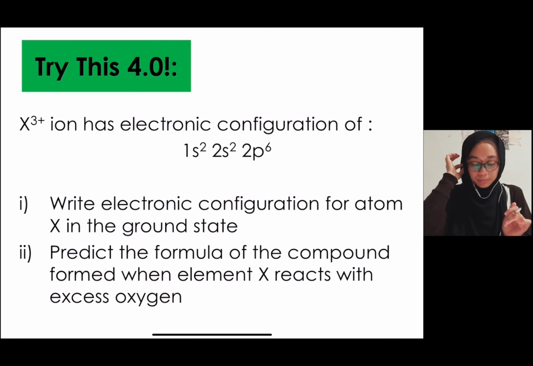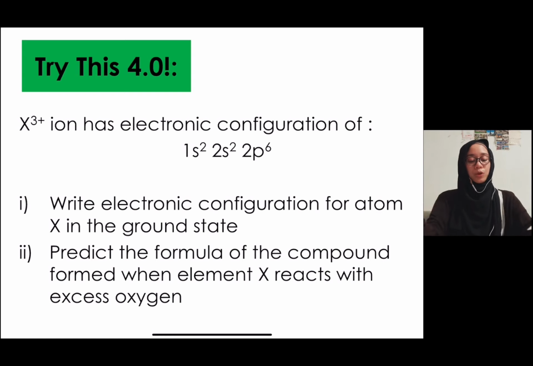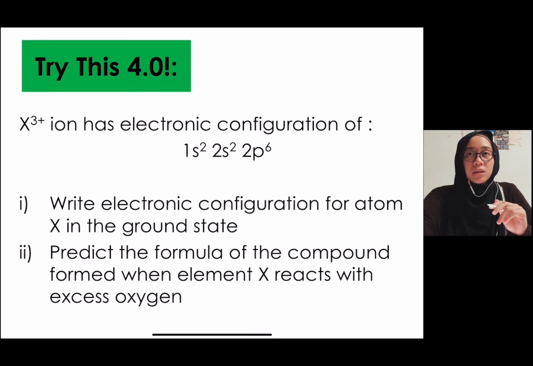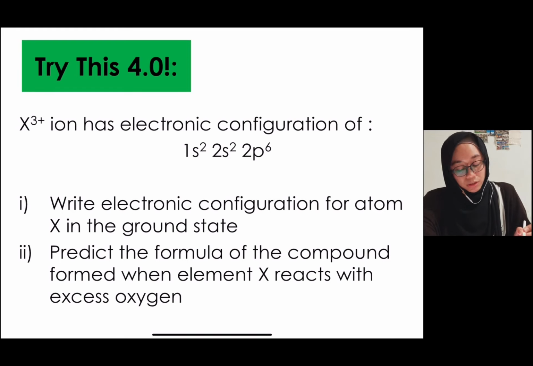Okay, so Miss nak bagi hint untuk yang nombor 2. So predict the formula of the compound formed when element X reacts with excess oxygen. Okay, so basically kamu kena try to identify what is the stable ion untuk X later on. Oh, dia dah bagi tahu dah sebenarnya ni X3+. Okay, so kamu tahu dah X3+.